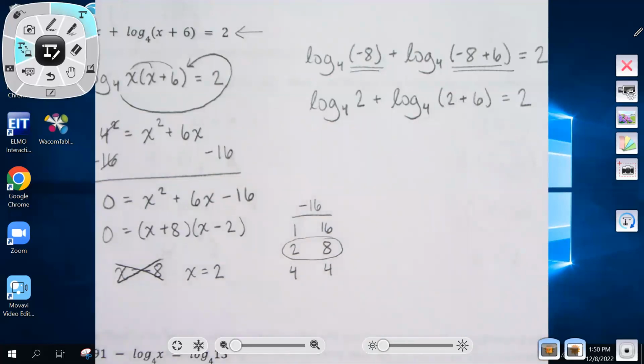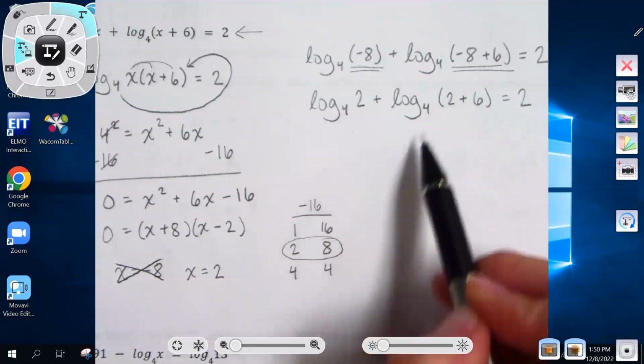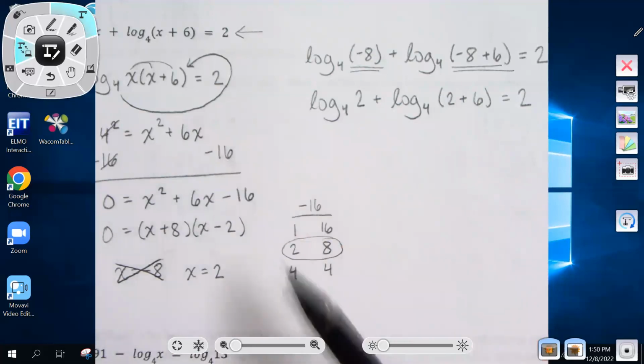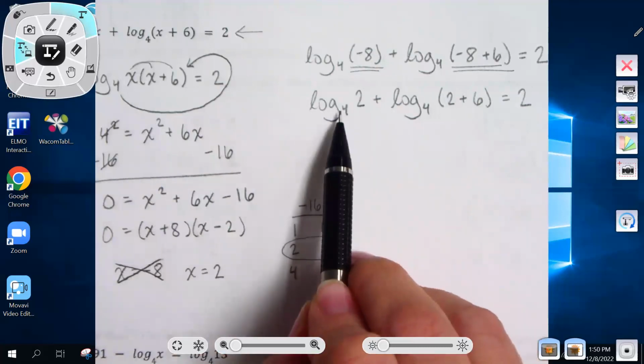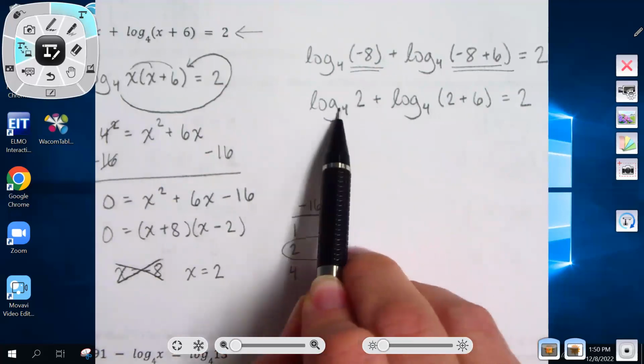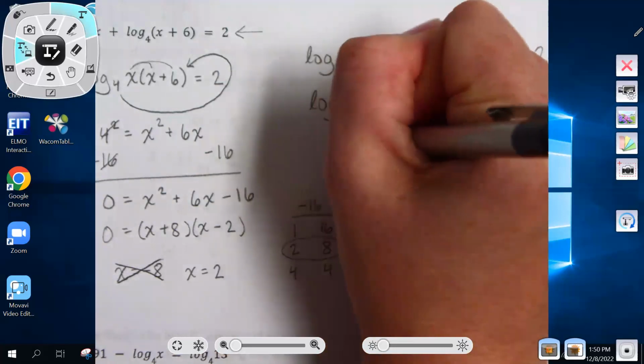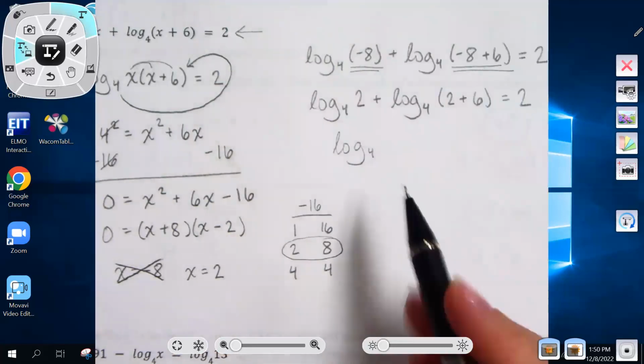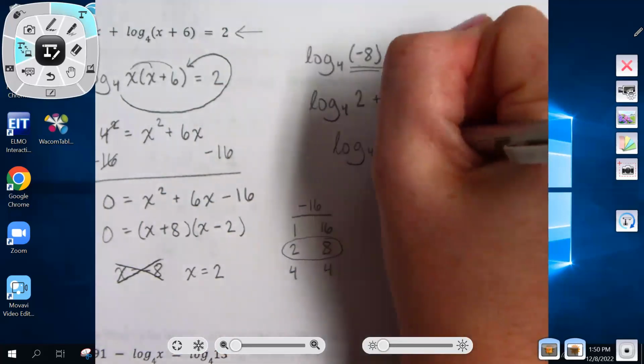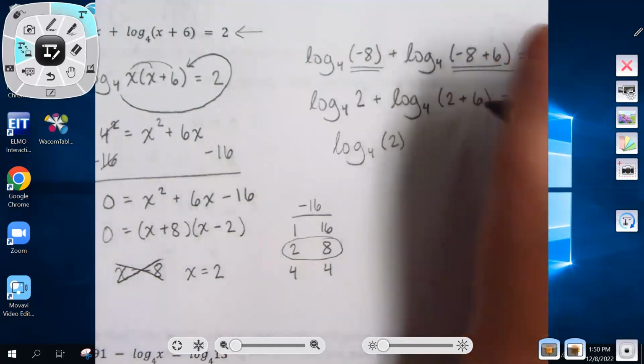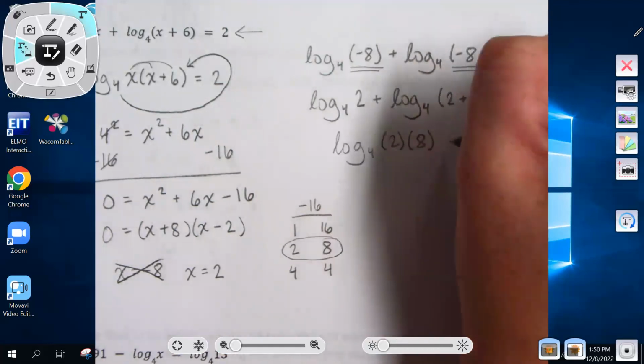So we don't have any negative numbers to worry about. That means we can continue checking. So we're going to do the same first couple steps that we took when we were solving. So we're going to combine these two logarithms into one. So we've got log base 4. And then we're multiplying 2 times 2 plus 6, which is 8.